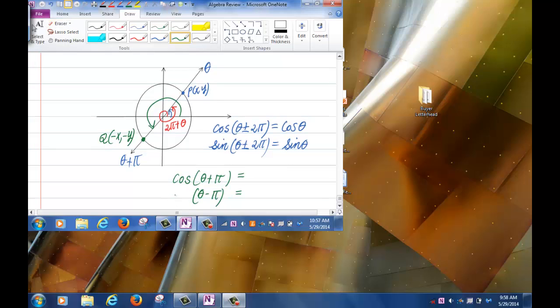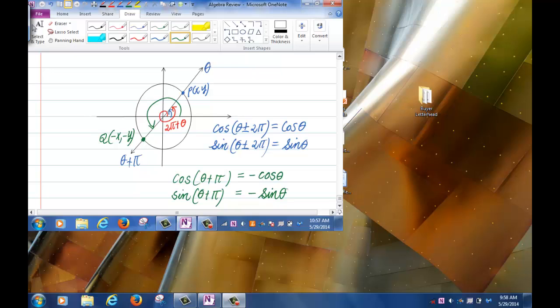So sine of theta plus pi. What is cosine of theta plus pi? Yeah. Equals negative cosine theta. Because what is cosine theta? Cosine theta is x. Cosine of theta plus pi would be negative x. Right? Sine of theta would be y. Sine of theta plus pi would be negative y, right? So then sine of theta plus pi is negative sine theta, right? You realize that?